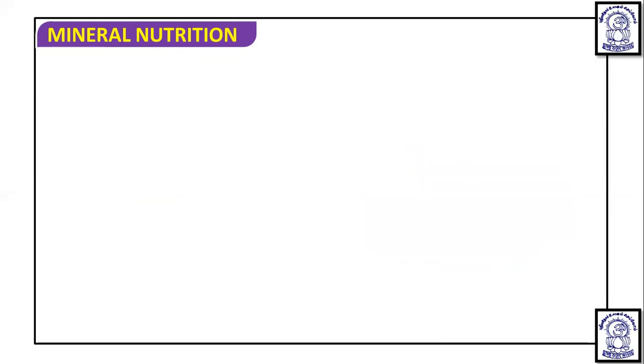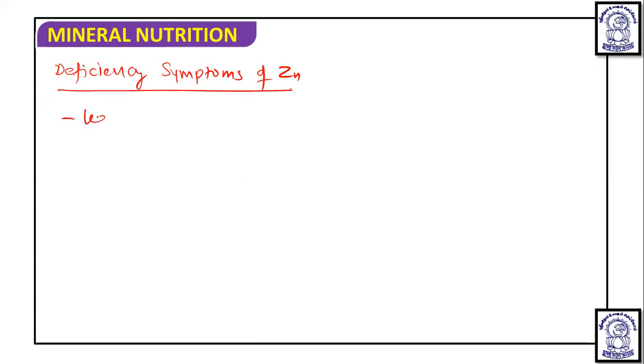After this, for zinc, the deficiency symptoms are also there. The deficiency symptoms of zinc include leaf rosette, meaning a group of leaves is formed.